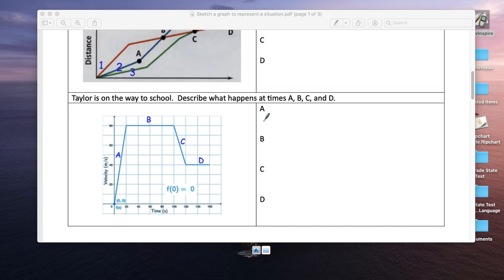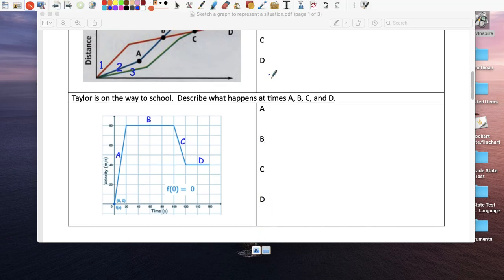Okay. Taylor is on the way to school. Describe what happens in sections A, B, C, and D. Well, she's on the way to school, so this is velocity, right? And this is time. From this point, she leaves the house, and then all the way to this, we would say she's increasing. So she's running somewhere at a fast speed.